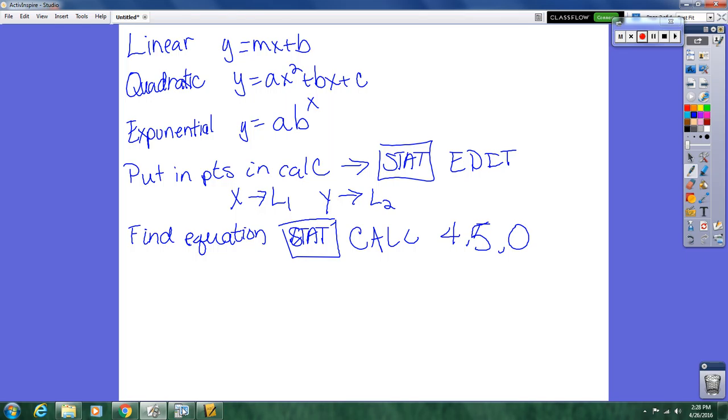So on your calculator, go ahead and do number 6.